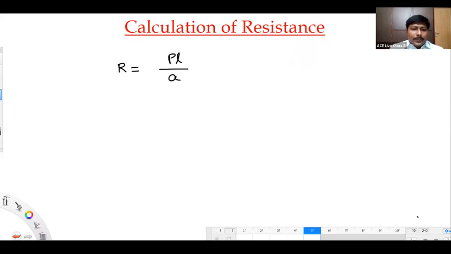One thing. Stop writing and just listen. Whatever A I am showing in this equation, this A is the total cross-section area of the conductor, the physical cross-section area.